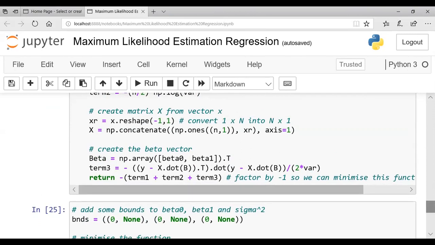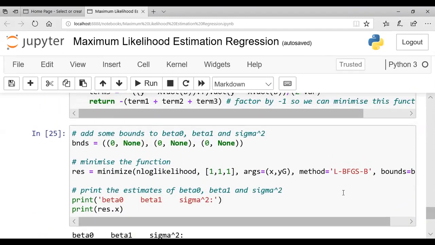You are giving a seed value, and arguments, that is x and yg, where x is the independent variable and yg is the Gaussian response. Method is L-BFGS-B, bounds you are passing, and then you are printing beta 0, beta 1, and sigma square, the residuals dot x.